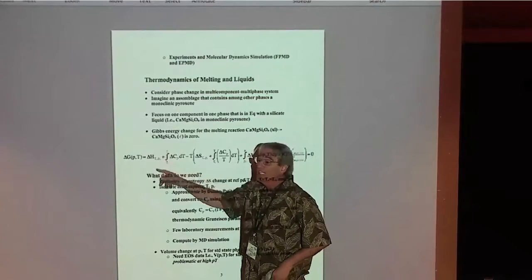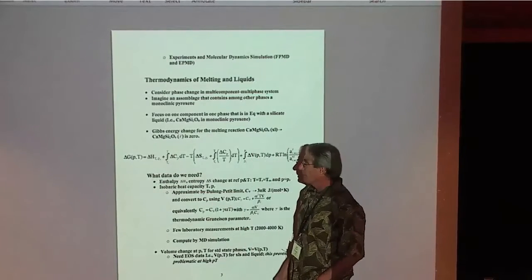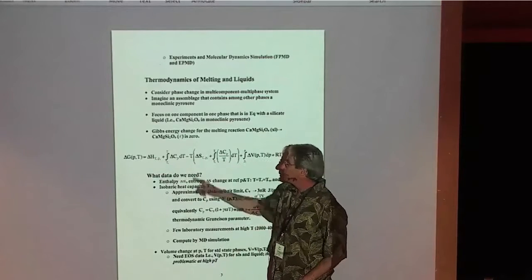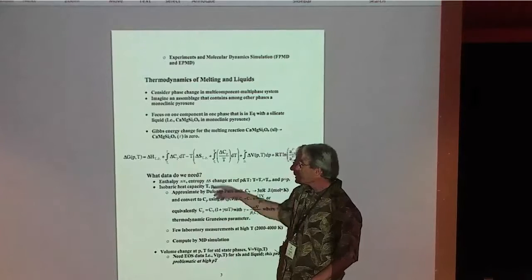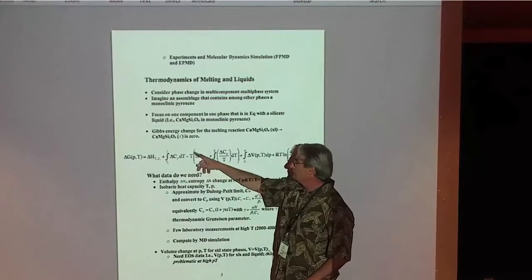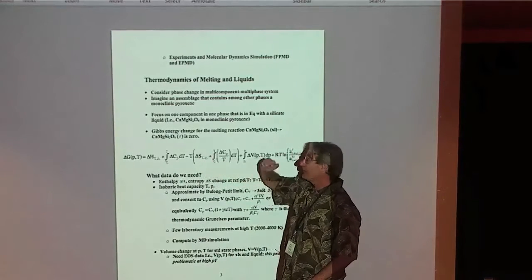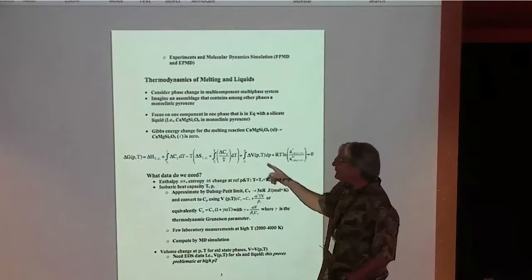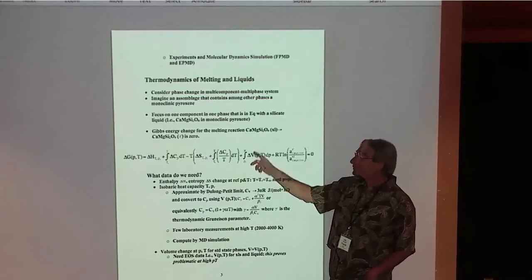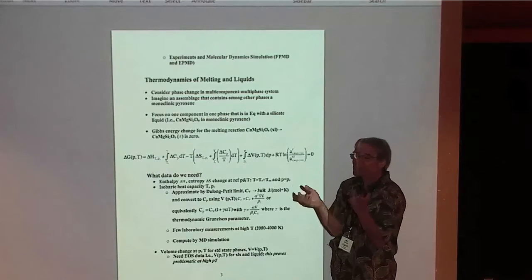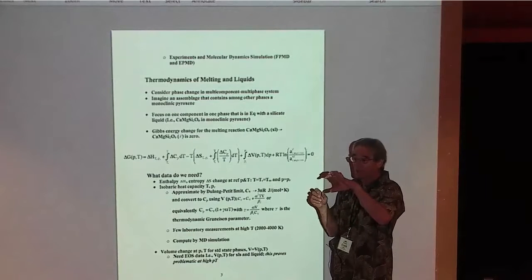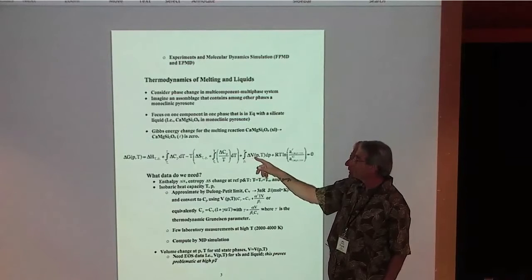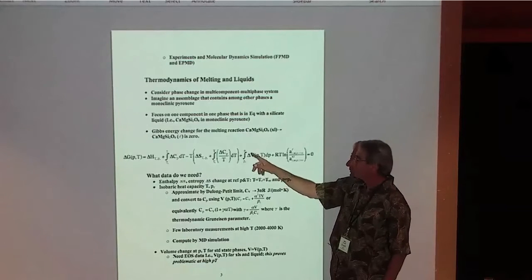It depends on things like the enthalpy of formation, the enthalpy of the reaction, the enthalpy of fusion, heat capacity, an integral there, the entropy difference between the liquid and the solid, the heat capacity difference between liquid and solid, and an integral over the delta V of this reaction, the change in volume, essentially the change in density of solid crystals versus liquid. Notice this is an integral over pressure, and that presents some problem.